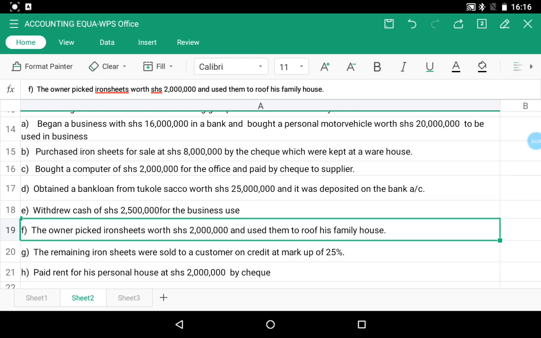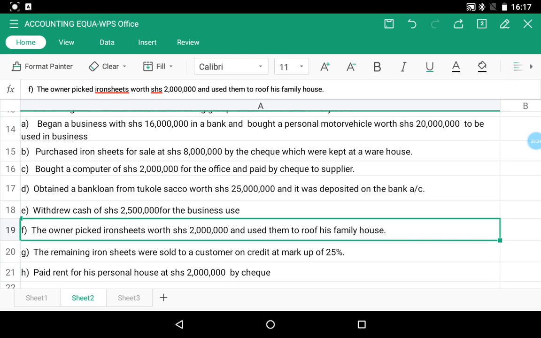When it is cash and you are taking it for personal use, it means you are reducing cash. When you are withdrawing from the bank and taking it for family use or your personal use, it is a withdrawal. This withdrawal always affects our capital, because when you take an amount from business, you are reducing capital and also the assets are reducing.